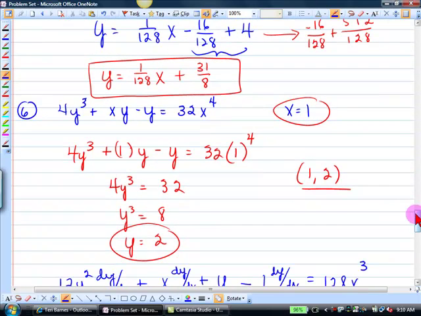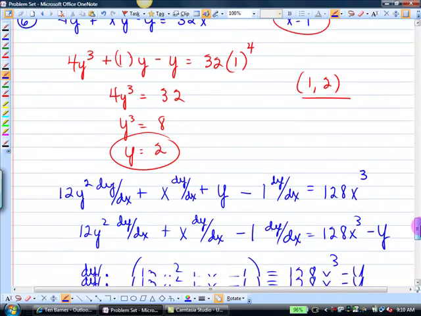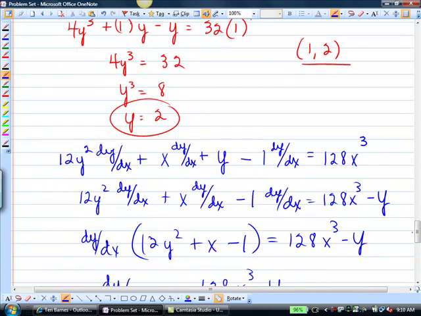So you should have gotten the point to be (1, 2). And then let's see if we're on the right track for the derivative. Sometimes there's different ways to attack a problem, but ultimately we've got to end up in the same place.